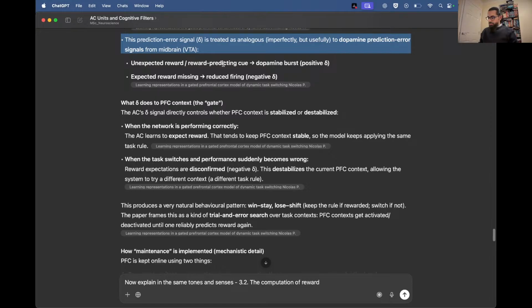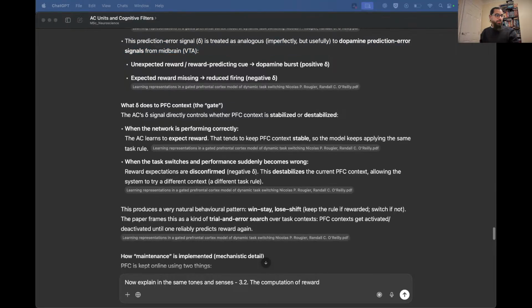So now it's talking about dopamine production signals, midbrain.